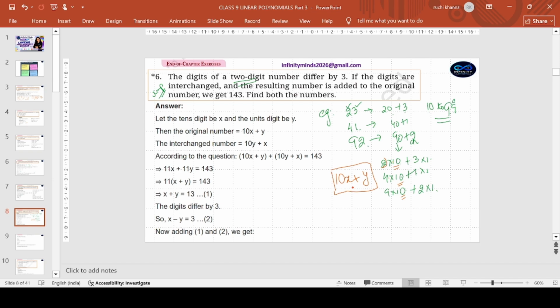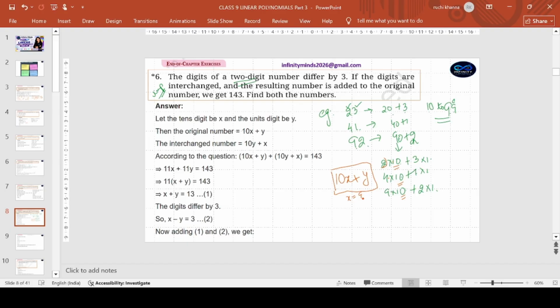This is the algebra you are making use of. Any two-digit number could be expressed as 10x plus y, where x is the digit at the tens place. 10 into 4 is 40 plus whatever y is. If x is 9, 10 into 9 is 90, plus y is 2.